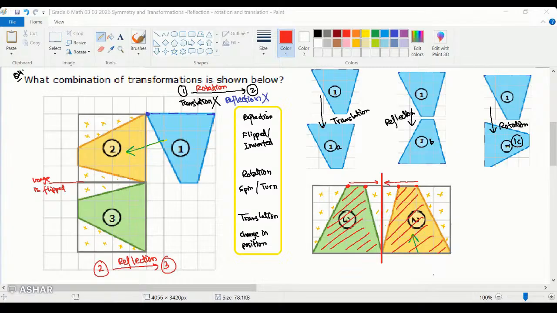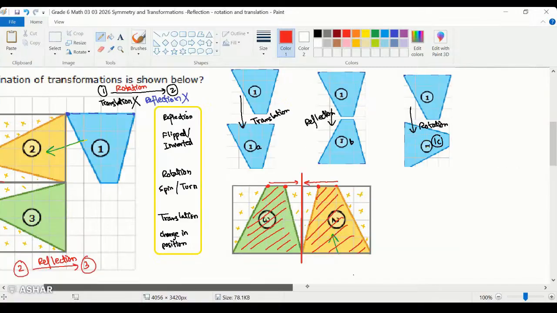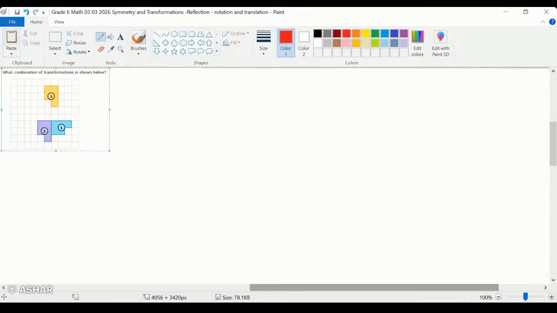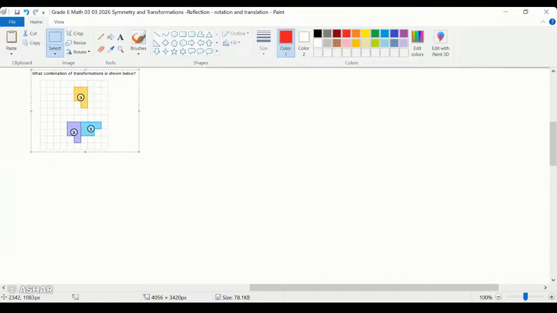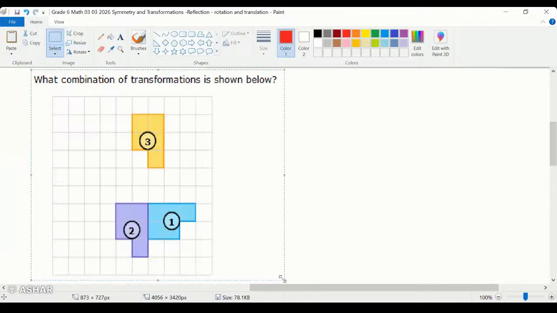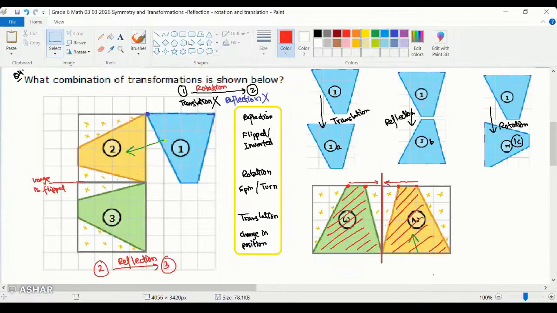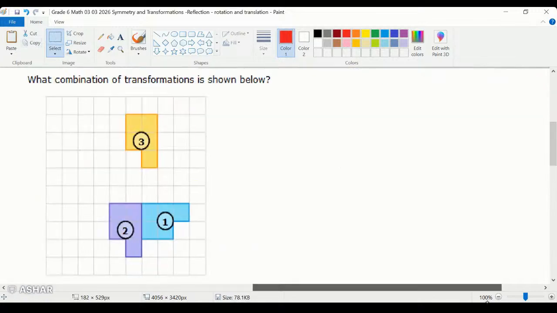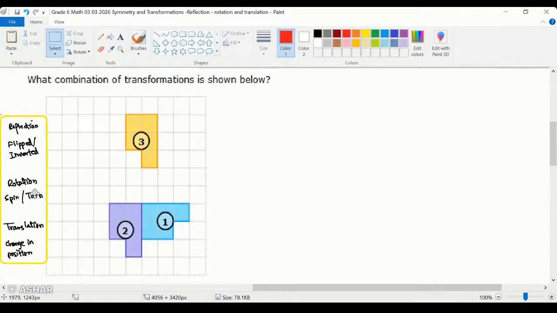For the next question, it says, what combination of transformations are shown below? Question number 5. Let me just copy this. Okay.